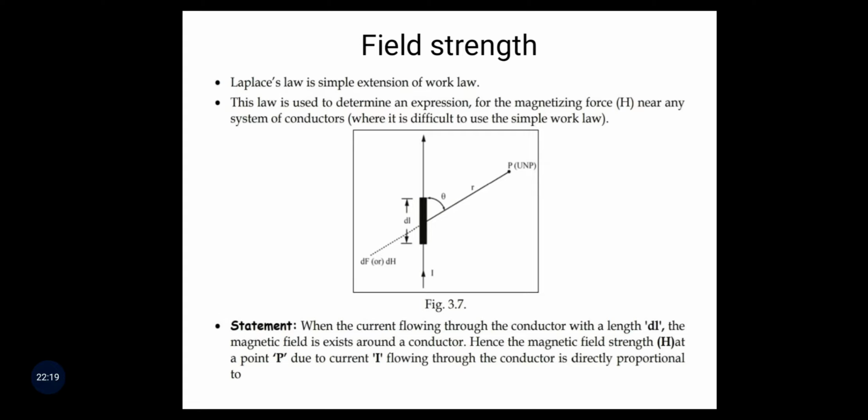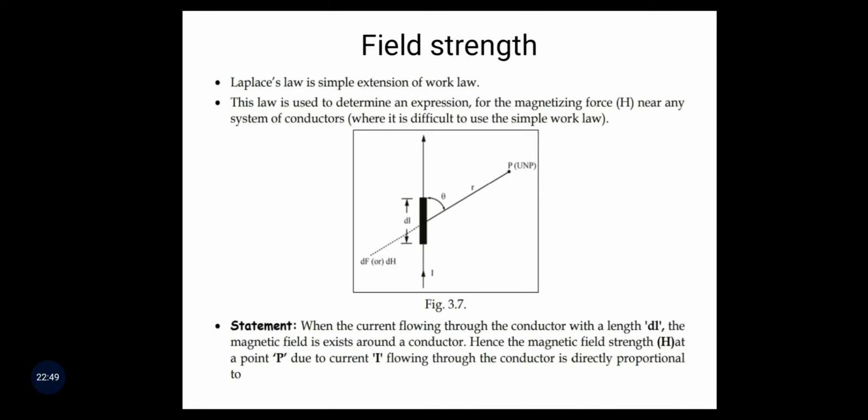The definition is: when current flows through a conductor of length dl, a magnetic field exists around the conductor.